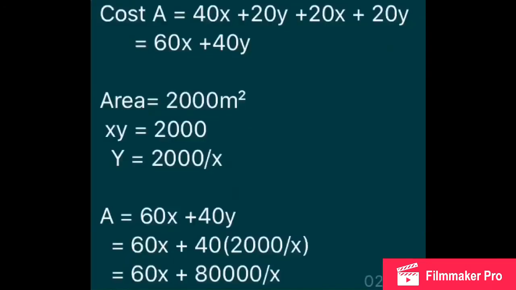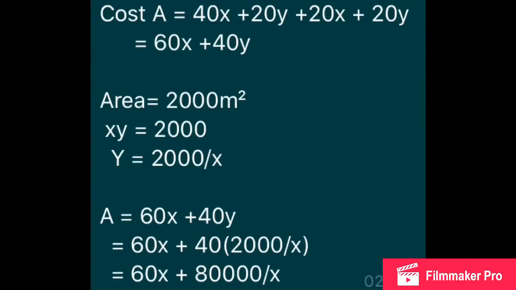The first thing we need to do is find the perimeter for the garden. 40x plus 20y plus 20x plus 20y equals 60x plus 40y. The area for the garden is 2000 meters square, so xy equals 2000. Either we put y in front or x in front.